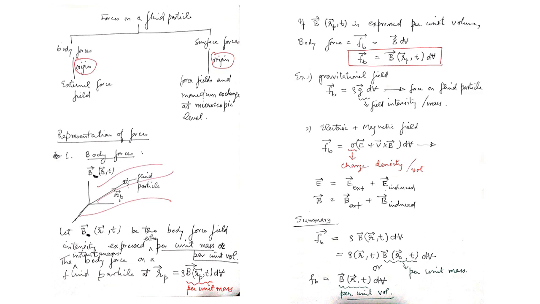If you are studying a very large flow domain, such as a large scale atmospheric flow or an oceanic flow, then if required you can consider the variation of gravity. But in most engineering and technological applications, we don't regard the variation of gravity in space.